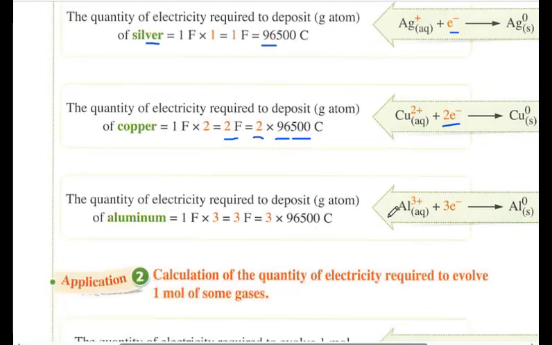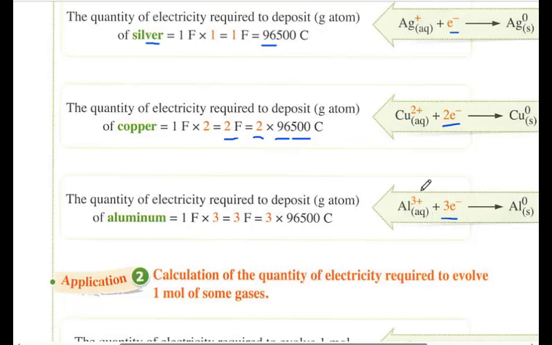Here aluminum, positive 3, requires 3 moles of electrons. Each mole of electrons requires 1 Faraday to be deposited or liberated at any electrode. So 3 moles require 3 Faradays.